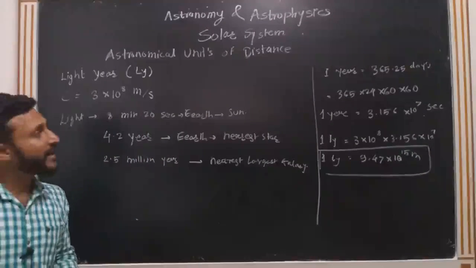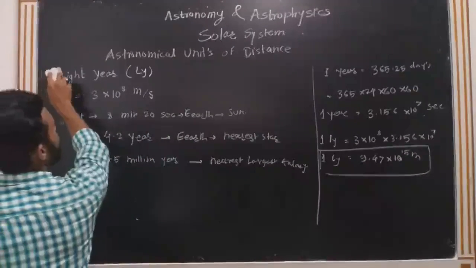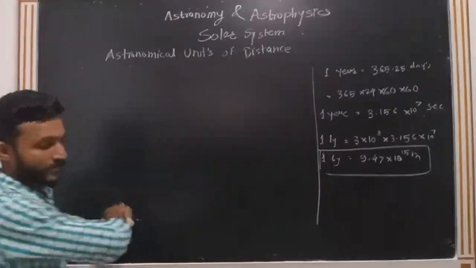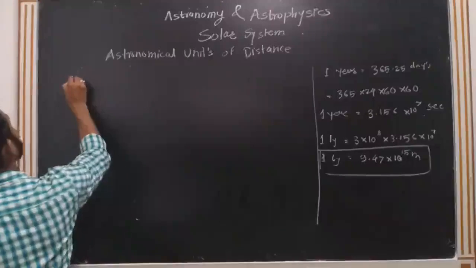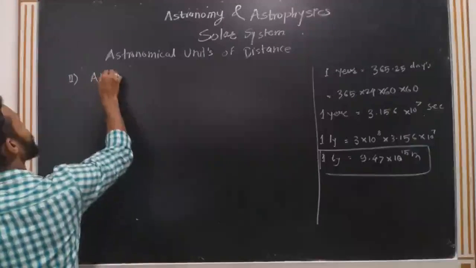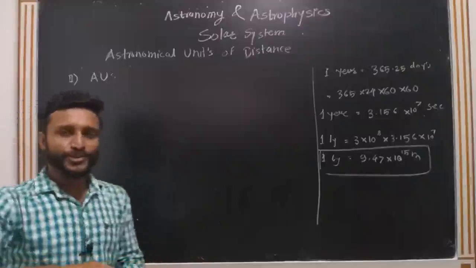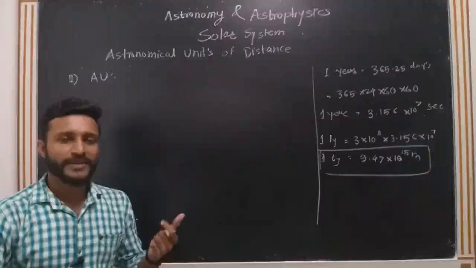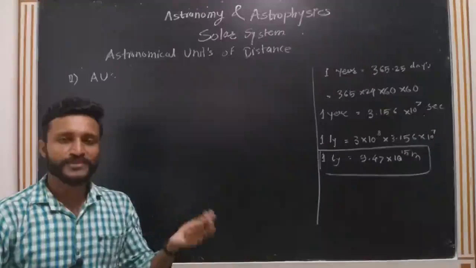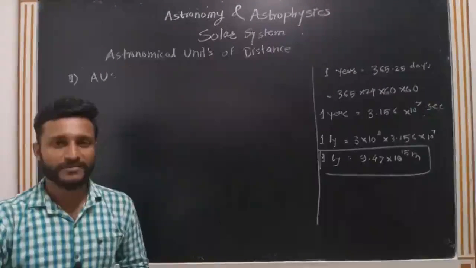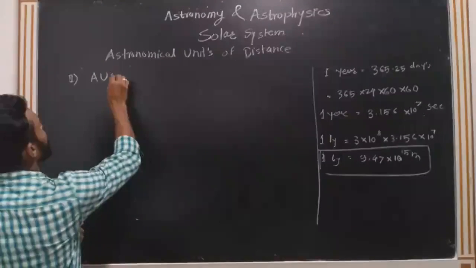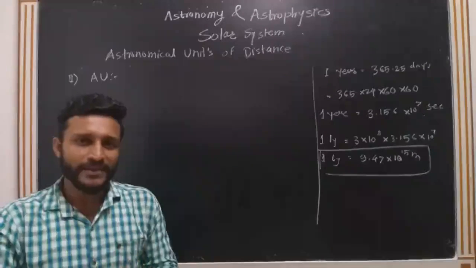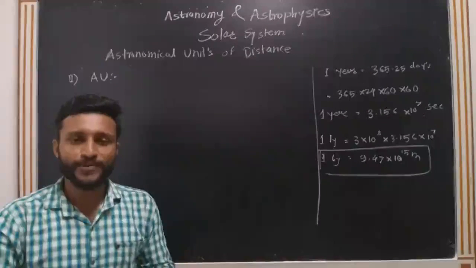Now the next is astronomical unit. Let me write here. Astronomical unit is also a unit of distance. It is nothing but the average distance from the sun to earth. The distance between earth and sun changes with time.